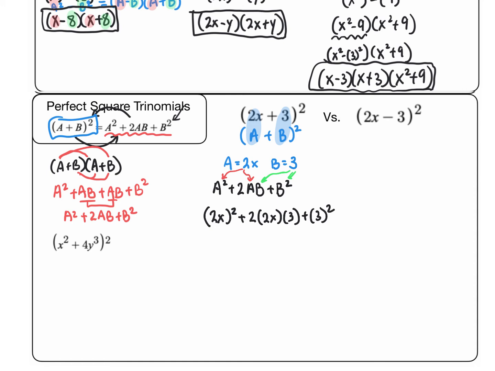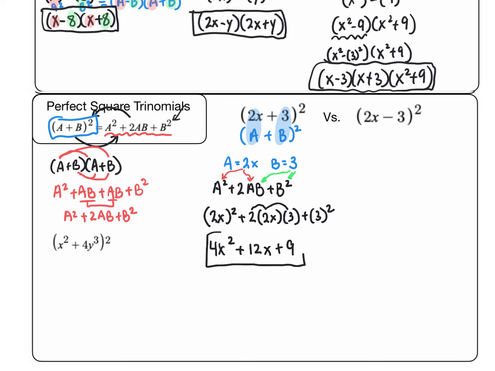Now I multiply it out, and I'll get 4x squared, and then 2 times 2 is 4, times 3 is 12x, plus 3 squared, which is 9.